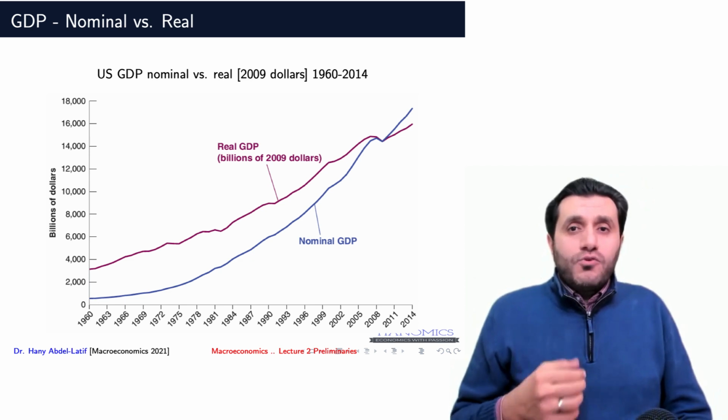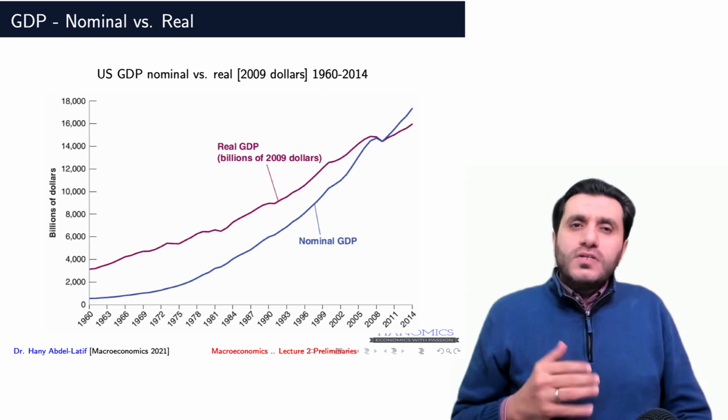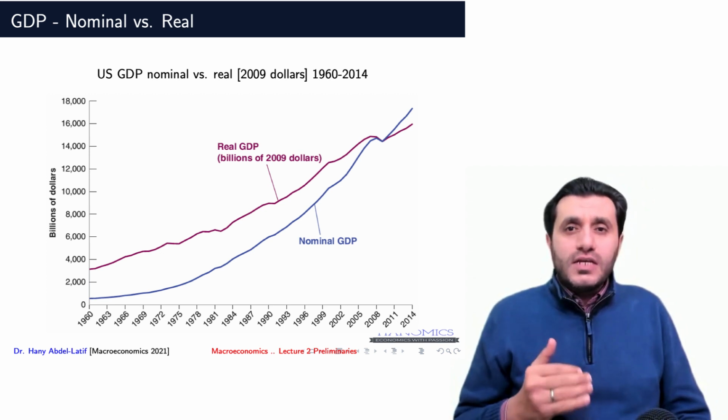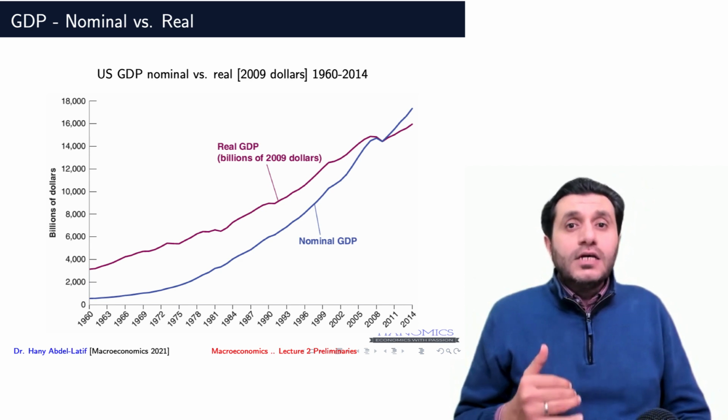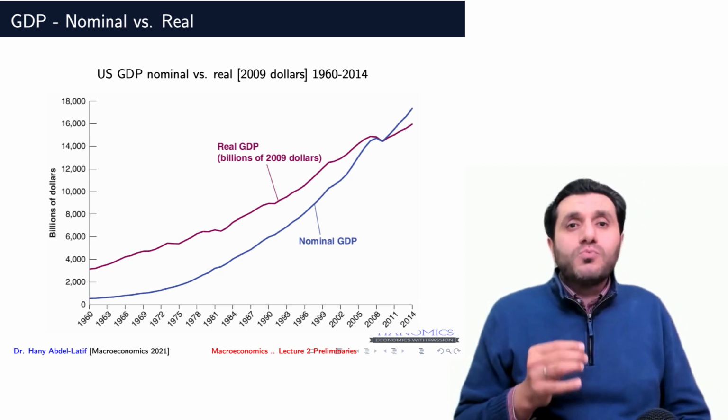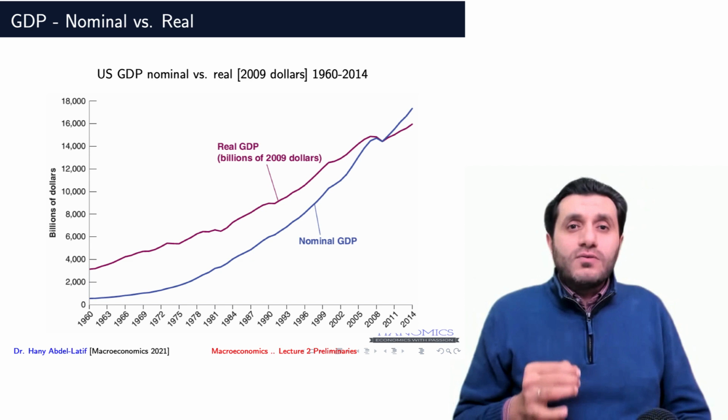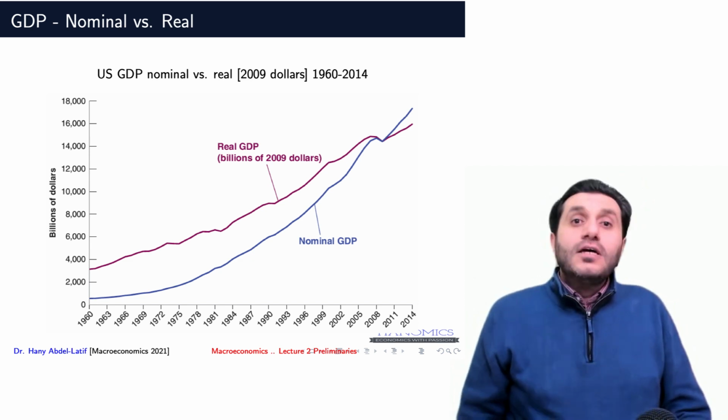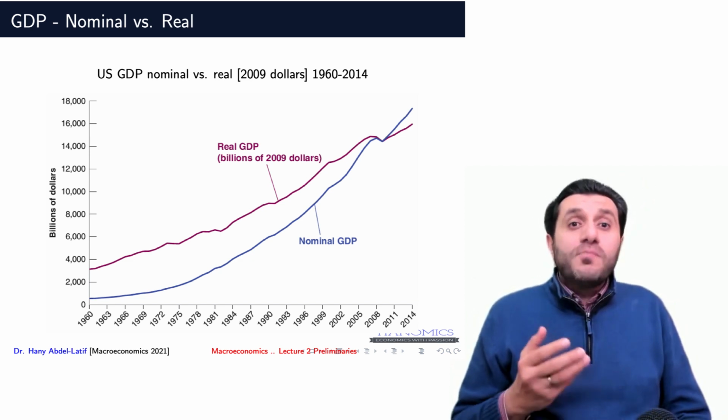The blue line represents the nominal GDP in billions of dollars. Notice how both lines cross in 2009, as nominal GDP equals real GDP in 2009 only because we use the prices of 2009 to calculate real GDP. 2009 here is the base year.